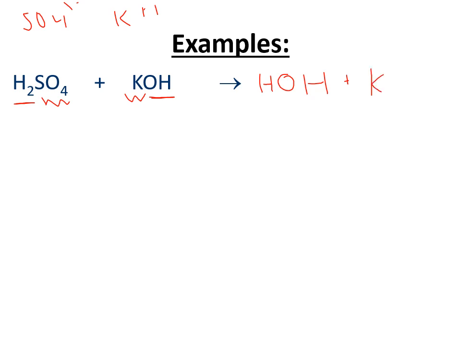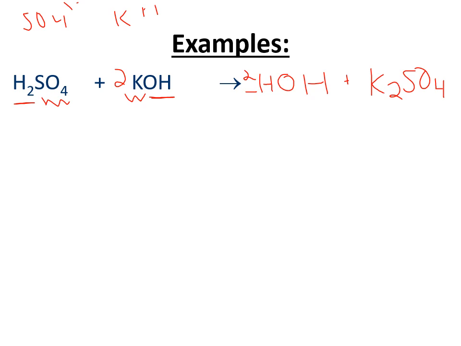And so that is K2SO4. Part 1 done. Now we need to balance our equation. 2 potassiums on the right, 1 on the left, put a 2 in front right here, and then now I've got 4 hydrogens on the left, 2 oxygens, so a 2 in front of the water. It's balanced.